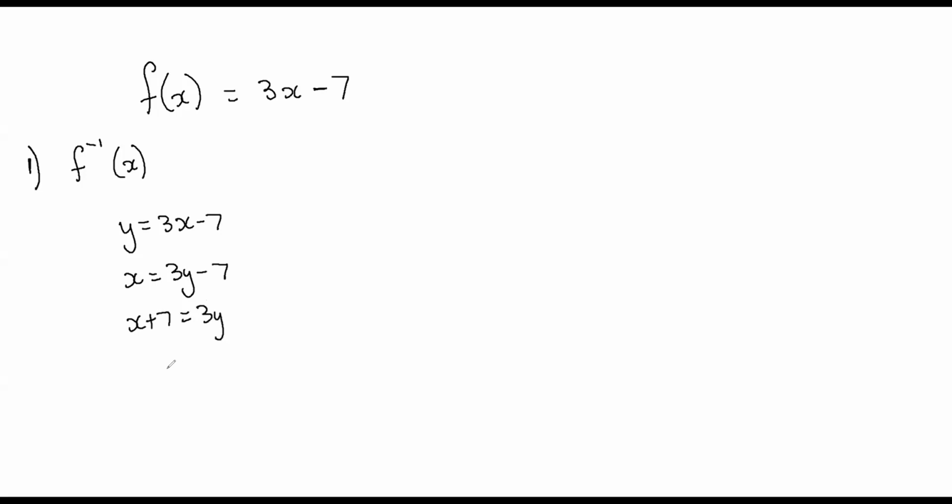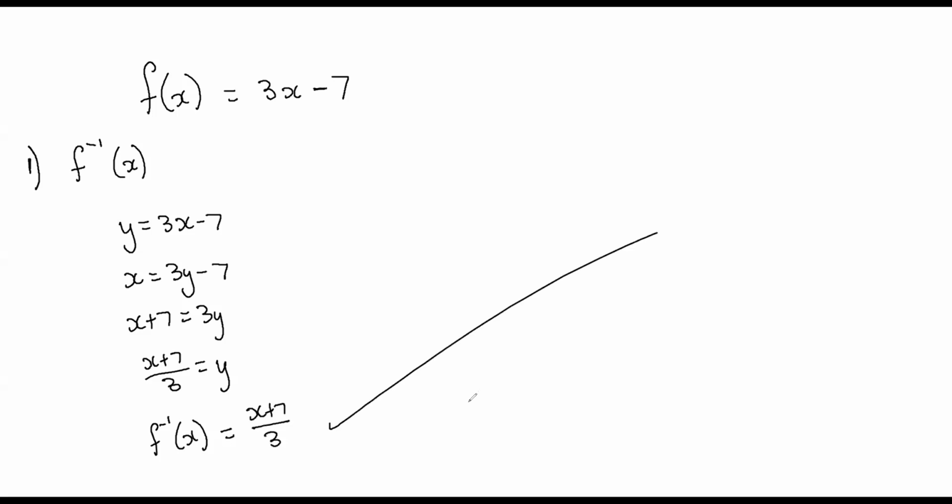Then you say x plus 7 divided by 3, and that would be equal to y. What's the last thing? So f inverse of x is equal to x plus 7 over 3.